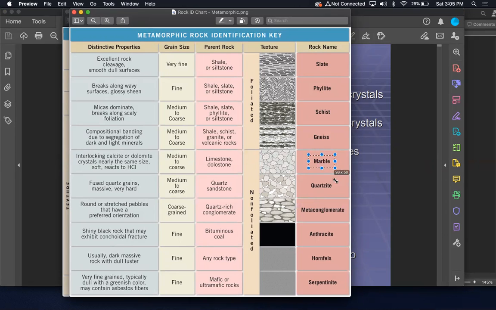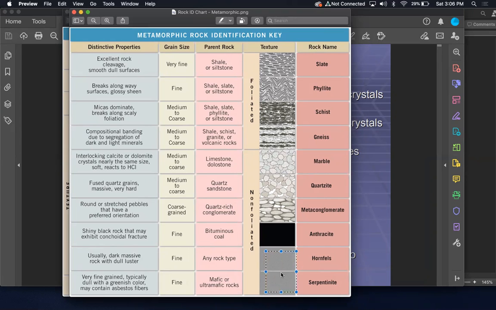Marble and quartzite both have that kind of blended crystals pattern that I was talking about. Anthracite coal would be jet black and shiny. So you'll see that possibly also, and there's some pictures of that in the slideshow that I'm sharing with you. Hornfels, serpentinite, there you're going to see that just boring gray color.